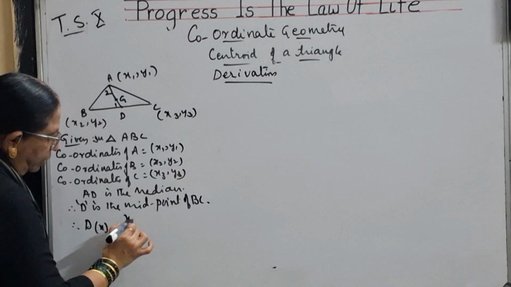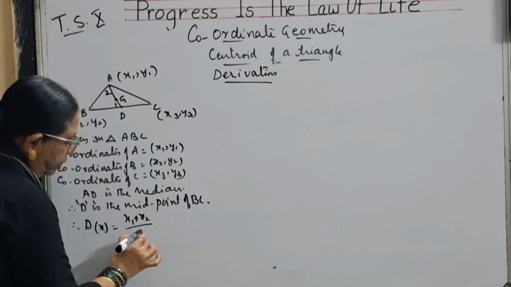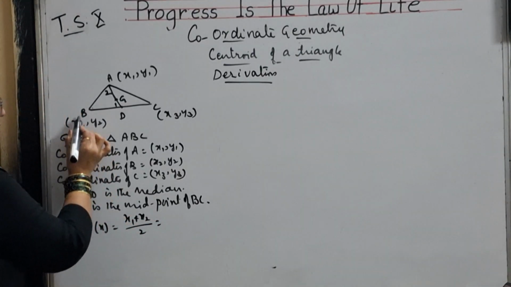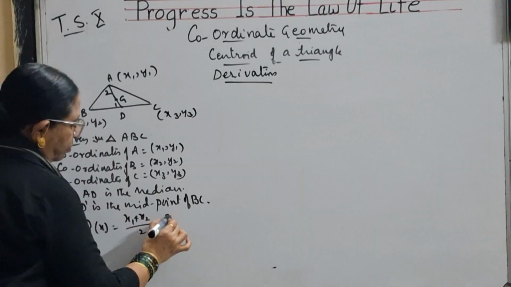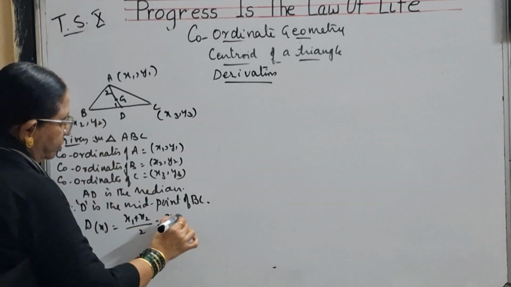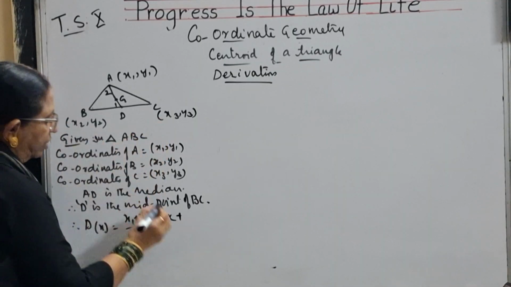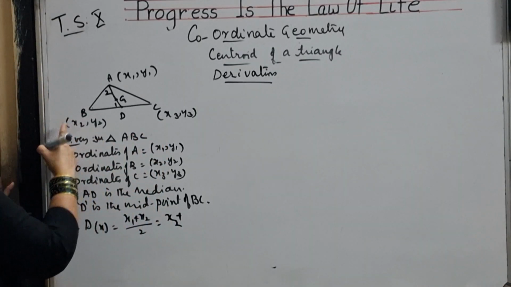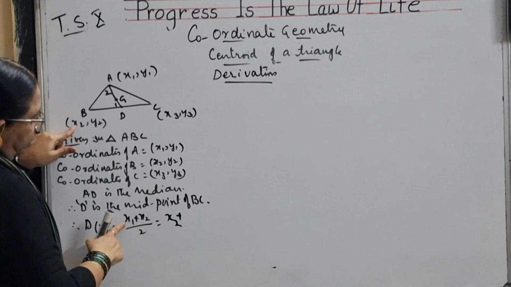Therefore, what is D of x? The midpoint formula is x1 plus x2 by 2. But in this case, x1 becomes x2 and x2 becomes x3. Children, please don't get confused.